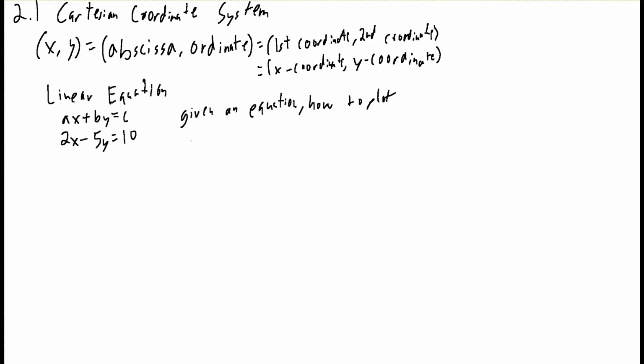So what usually happens is, step 1, we pick an x or y value and solve for y or x according to whatever you've left over.